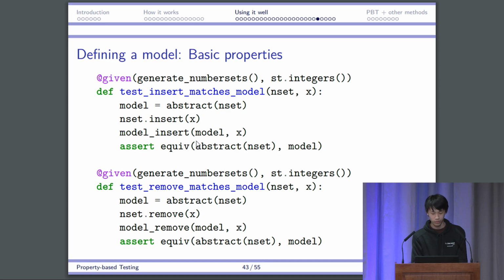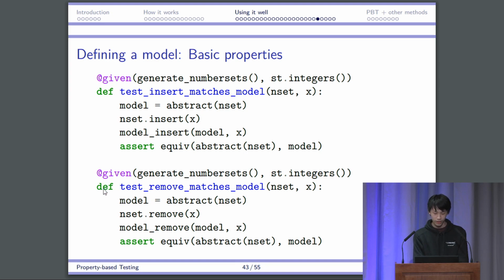So we do model insert with the model and the integer that we're given. And then finally, we do the abstraction function on the number set after we've inserted x into it. And then we check if the model output from that is equivalent to the model after we've applied our model insert function. And so this should always be satisfied. And going back to the commutative diagram from before, this is what it looks like.